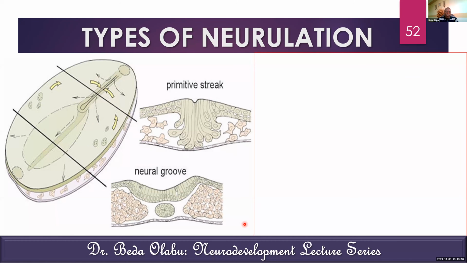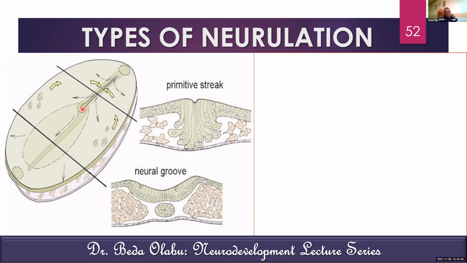Now, for us to understand what is primary neurulation and what is secondary neurulation, we need to familiarize ourselves with this image here. Let's take this to be the embryo. This is the cranial part of the embryo, and this is the caudal part of the embryo. From the caudal part of the embryo, we have what we call the primitive streak. The primitive streak forms the caudal midline. And at the end of the primitive streak here, we have a primitive node and a primitive pit.